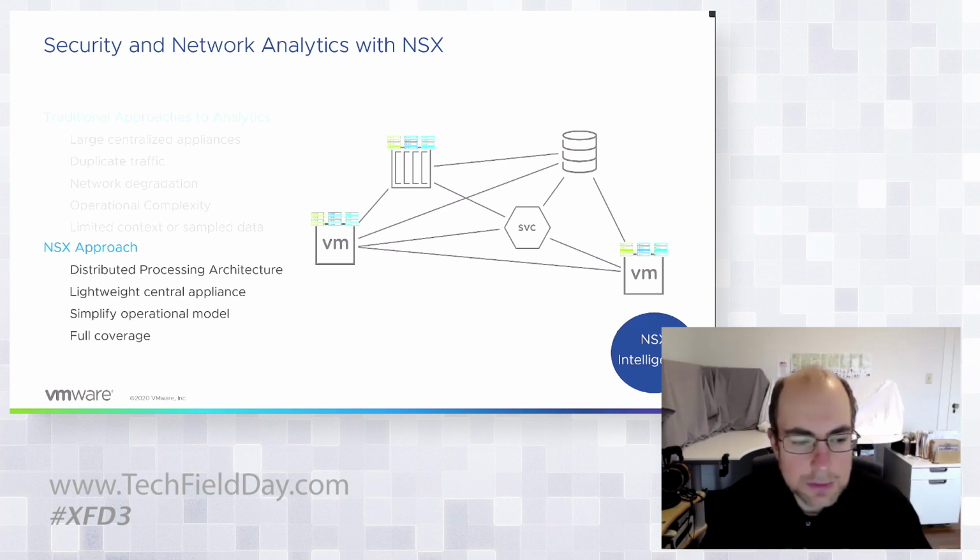And this allows us to build a very lightweight approach where we've optimized and applied processing at the source and minimize the amount of data that we need to send to an appliance, so we can deliver NSX Intelligence as an extension to the platform in a virtual appliance form factor.